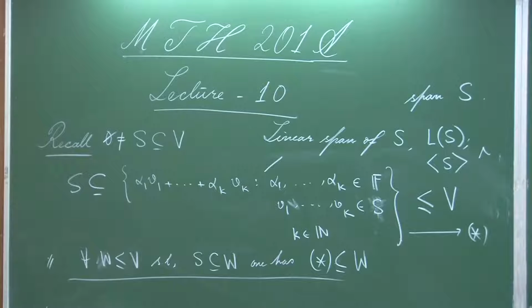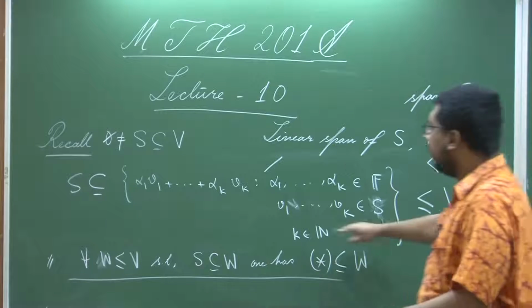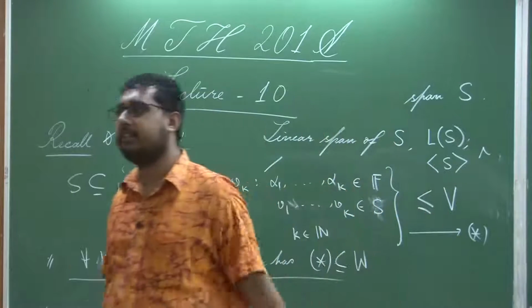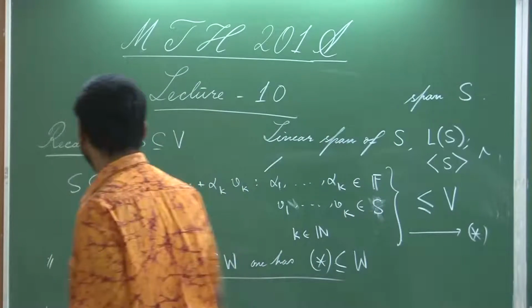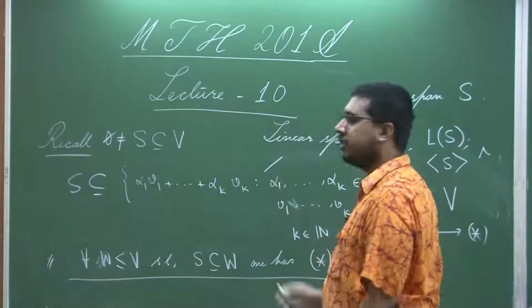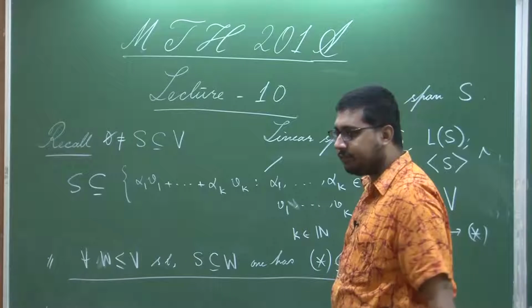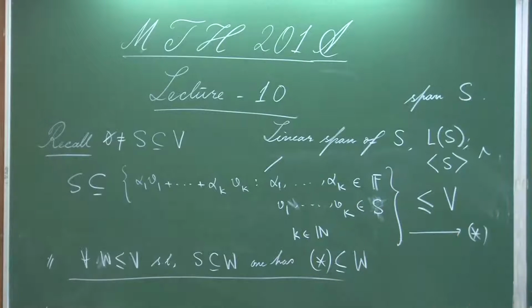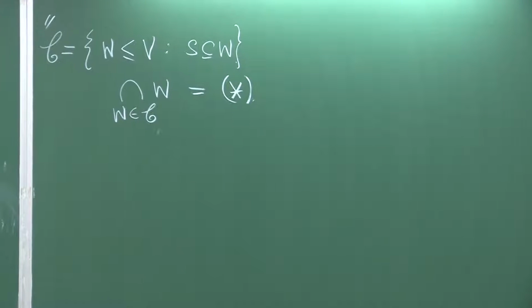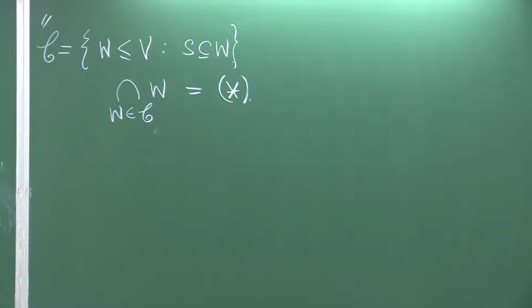It has three equivalent descriptions. In one description it is all finite linear combinations of elements from S. Another equivalent description is that it is the smallest subspace containing S, and the last one is the intersection of all subspaces containing S. Thus we have defined linear span.